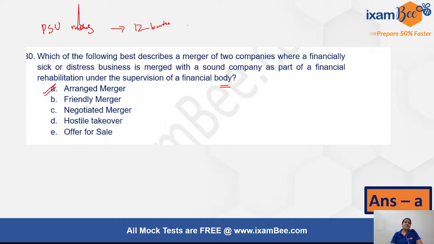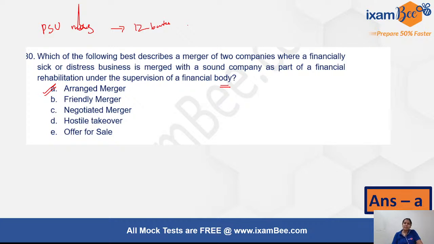A hostile takeover is when one company is trying to take over the other, and the one being taken over does not want to be taken over, but you are doing it by all possible means, so it is not friendly. That is what a hostile takeover is. A friendly merger is when both parties agree, and find mutual consent and benefits to merge.